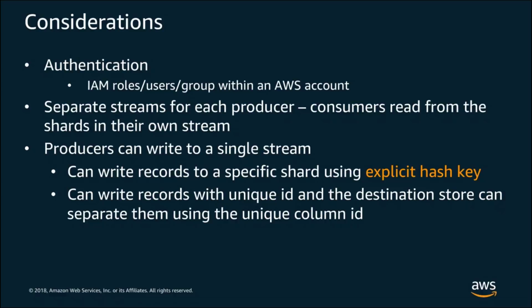If you want to implement a shared model with Kinesis Data Streams, producers can still write to a single stream, but when they write these records, they can write to a specific shard using a neat feature in Kinesis Data Streams called explicit hash key. The explicit hash key allows these producers to direct their messages to a specific shard, allowing the consumer to read from that specific shard. You can also write records with a unique ID, and the destination store or a KCL-enabled application can separate them out using the unique column ID.